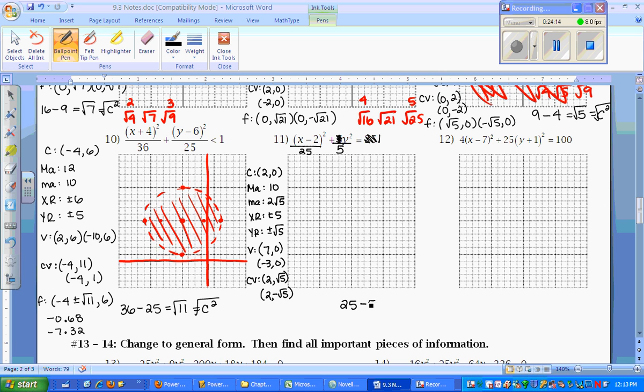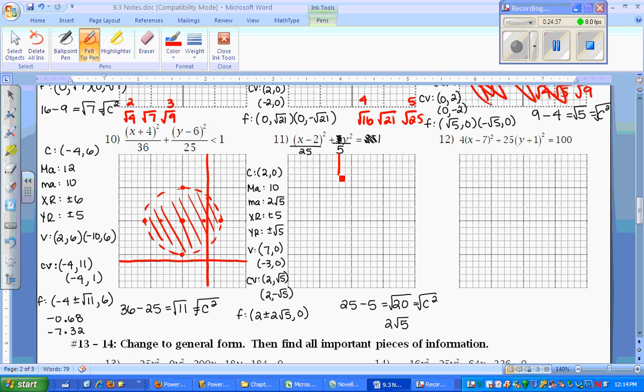For your foci, you take the bigger number and subtract the smaller number. And when you get 20, you can simplify the square root of 20. It becomes 2 root 5. So on my foci, I'm going to go to 2, and I'm going to add or subtract 2 root 5, and the y coordinate is going to stay the same.